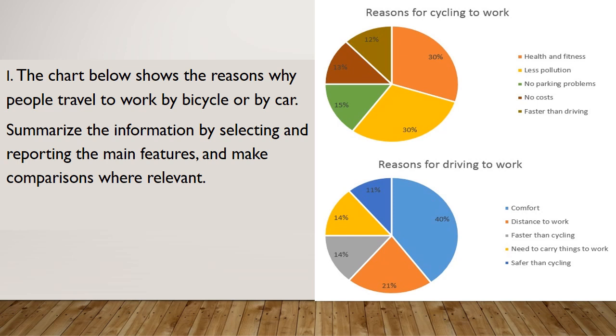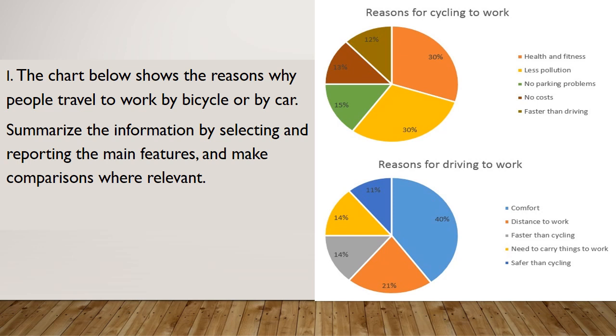And in the next pie chart, reasons for driving to work, those who go to work by car. So here 40% drive to work by car because it is comfortable. 21% due to distance to work. 14% think it is faster than cycling.